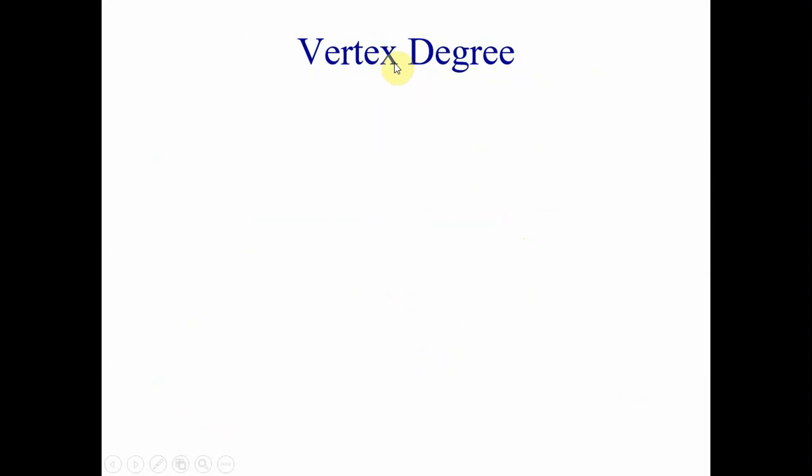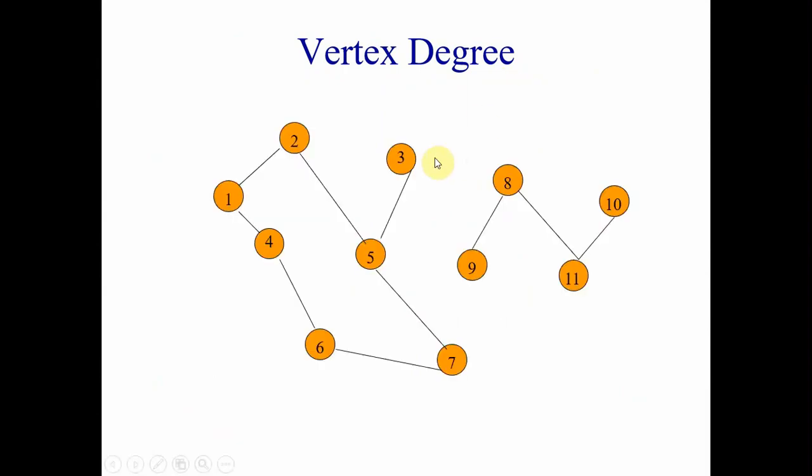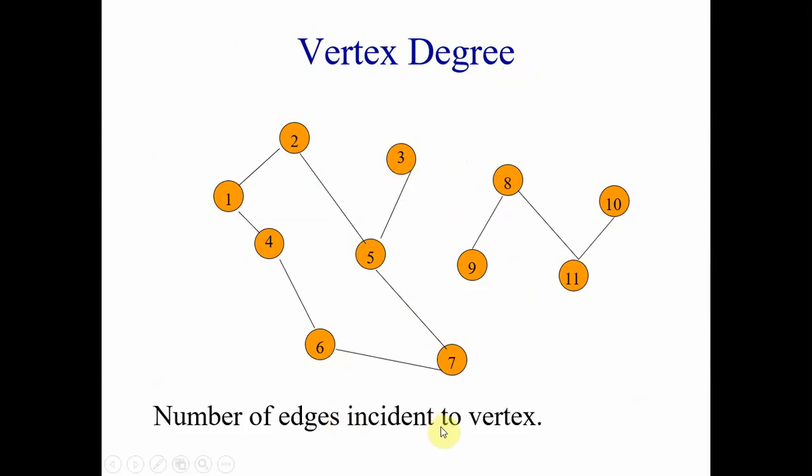Then we come to another terminology, which is degree. We learned it from the idea in the tree. The vertex degree, simply speaking, is the number of edges incident to the vertex.